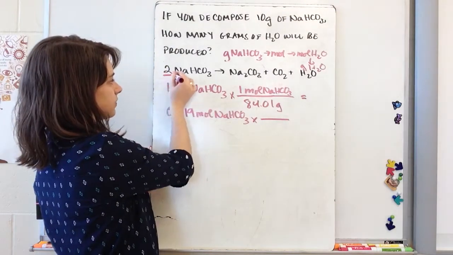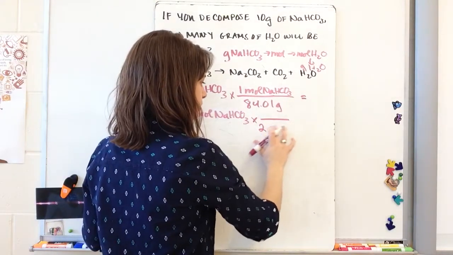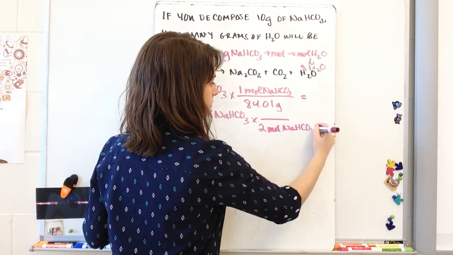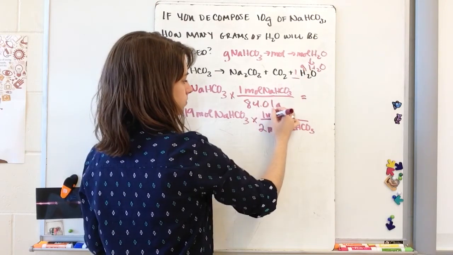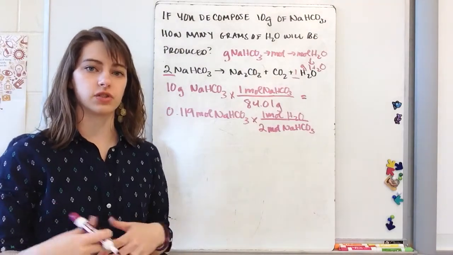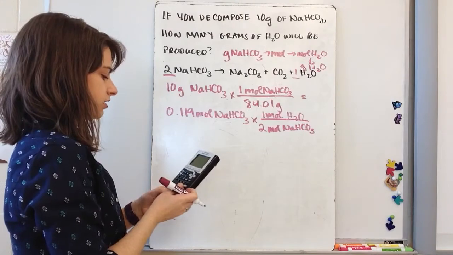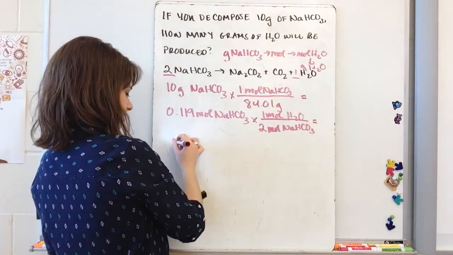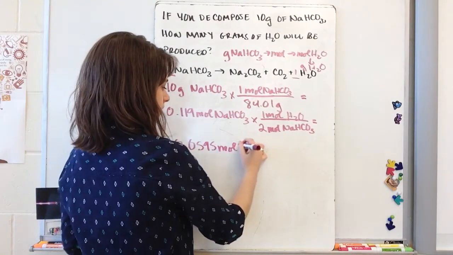So this tells me for every 2 sodium bicarbonates, so for every 2 moles NaHCO3, I get 1 mole of H2O. So I get half as much water as I have sodium bicarbonate to start with. So if I do 0.119 divided by 2, I get 0.0595 moles of water.